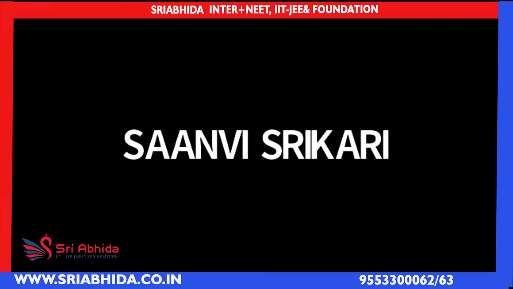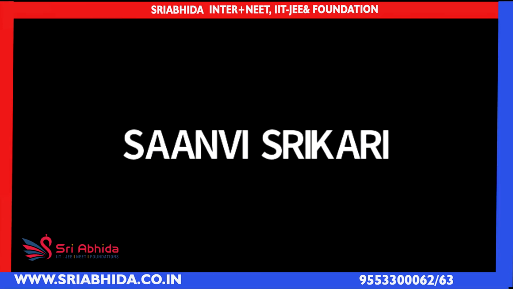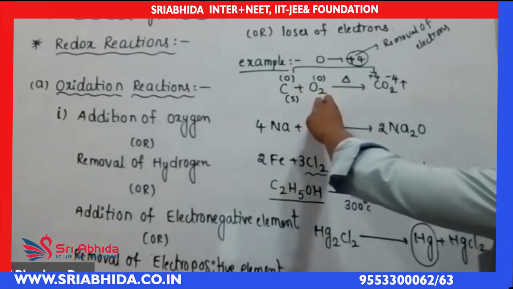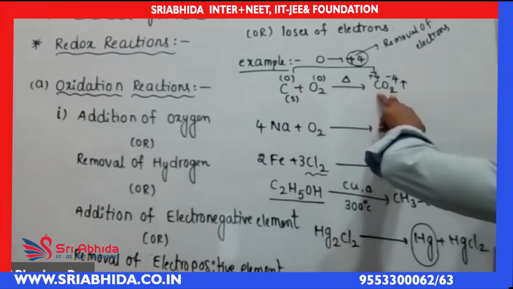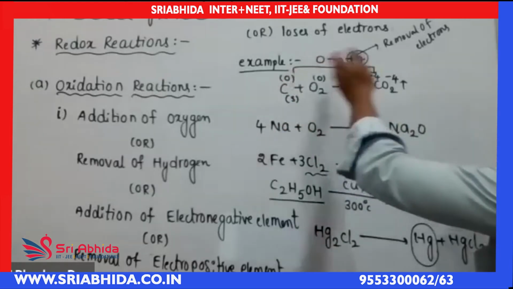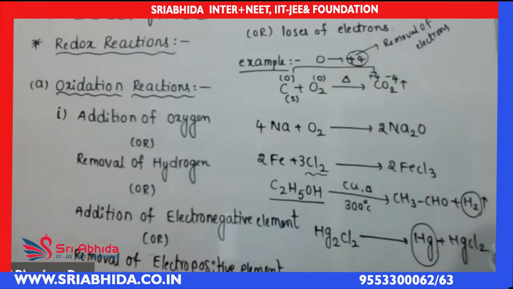Carbon is losing, and oxygen is gaining in carbon dioxide. So losing is taking place here, gaining is taking place here, and both combine to form carbon dioxide. When carbon is converted into carbon dioxide, it is an oxidation reaction.